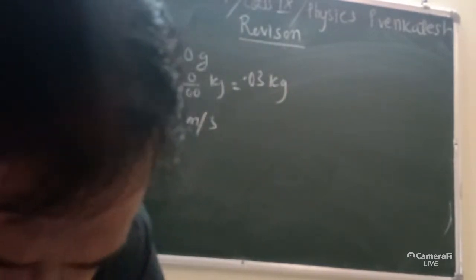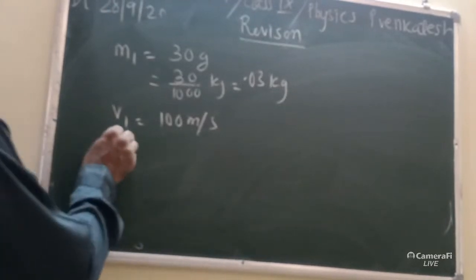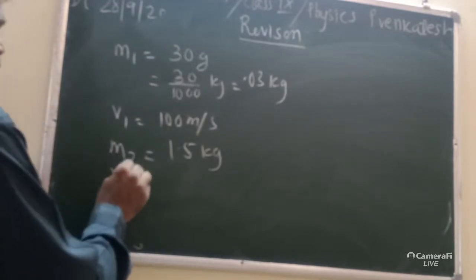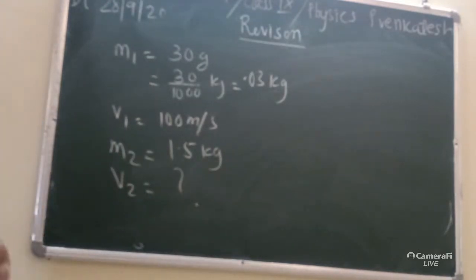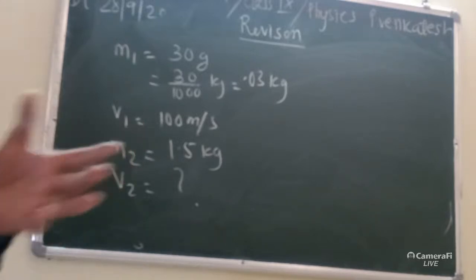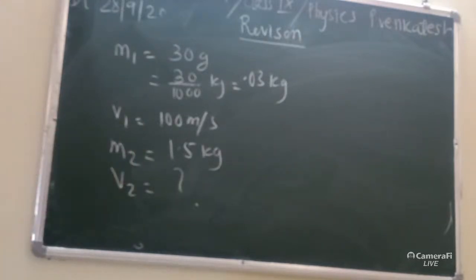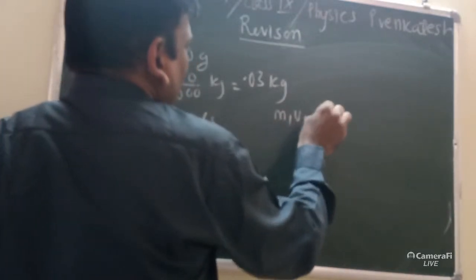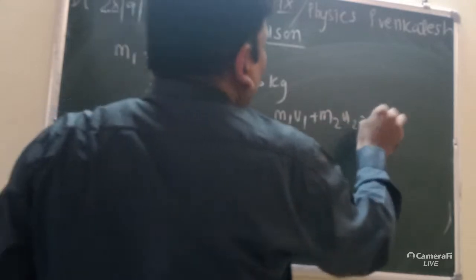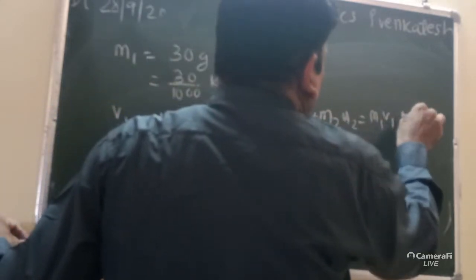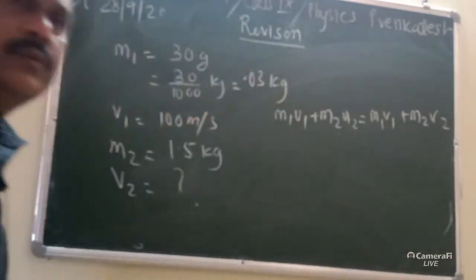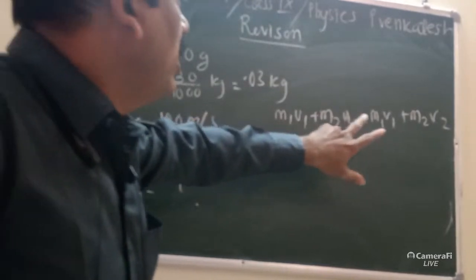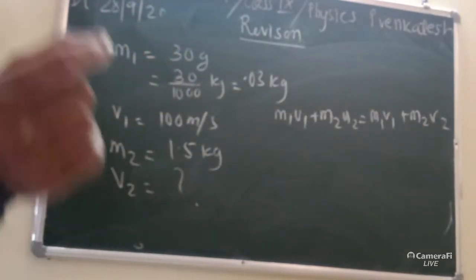Then fired with a velocity 100 from a pistol, m2, which is 1.5 kg. It is given. V2 we have to find. V2 means recoil velocity. Now, according to the law of conservation of momentum, you will write m1 u1 plus m2 u2 equal to m1 v1 plus m2 v2.